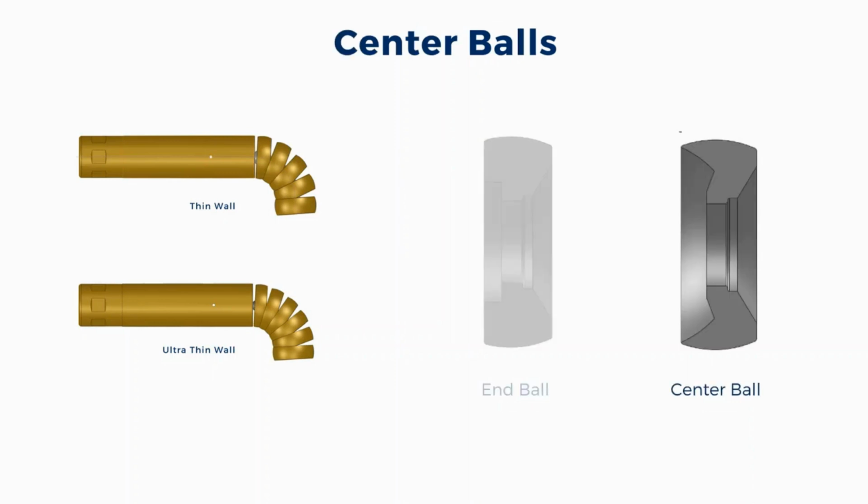The other ball configuration, called the center ball, is added on after the end ball. The center balls are designed to move more during the bending process and nest, as we show here, on the ISR to provide the maximum resistance to the tube trying to wrinkle during the bending process.